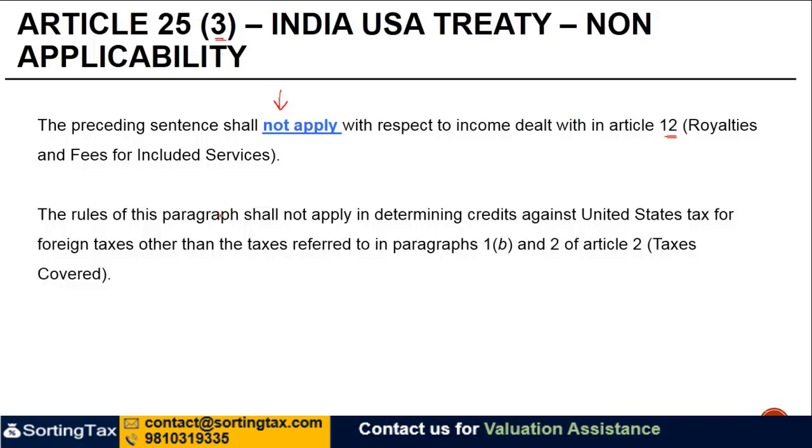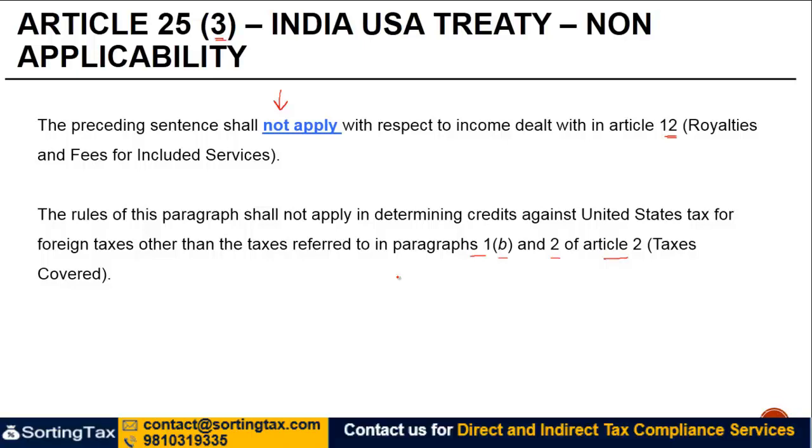The rules of this paragraph shall not apply in determining credits against US tax for foreign taxes other than taxes referred to in paragraphs 1(b) and 2 of Article 2. So the only taxes for which these source rules, or the rules relating to where income should be deemed to arise, apply will be the ones discussed in these two paragraphs. For other taxes, the rules discussed in this paragraph do not apply.